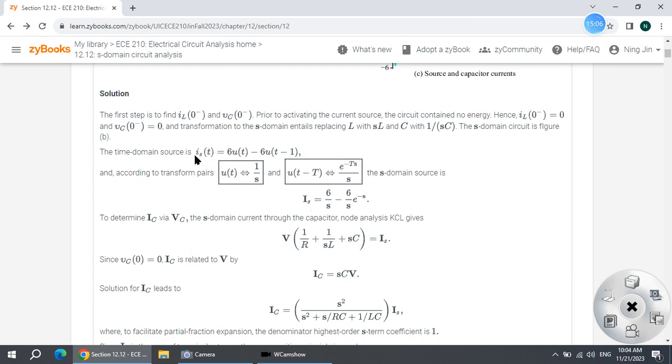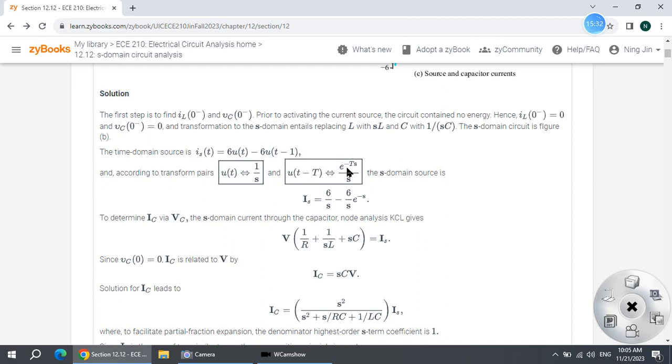So you copy this here. You have capital I of S, right? You go to the S domain. The lowercase i becomes capital I. Then 6u of t becomes 6 times 1 over S. And 6 times u of t minus 1 becomes 6 times e to the negative Ts over S. Now capital T is 1, so the shift is by 1.